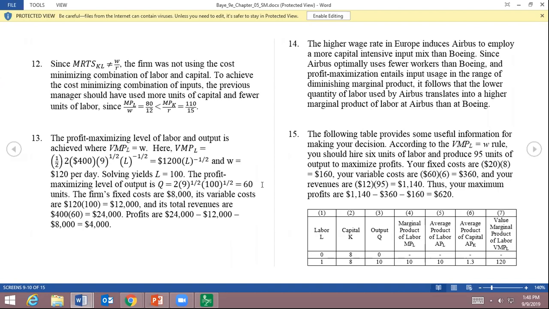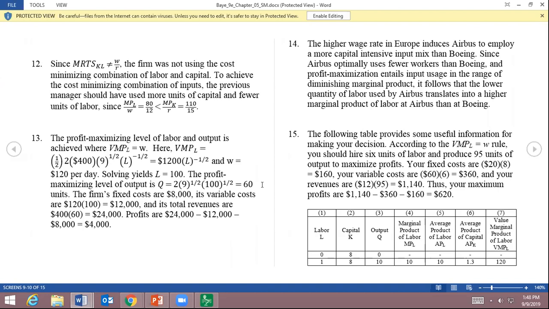Now we know the firm's fixed costs are 8,000 because of the $8,000 spent on the 9 units of capital. And so when we're doing our profit, it's going to be our total revenue minus our fixed costs minus our variable costs. What's our total revenue? Our total revenue is going to be 120, because that's the price of them, right?